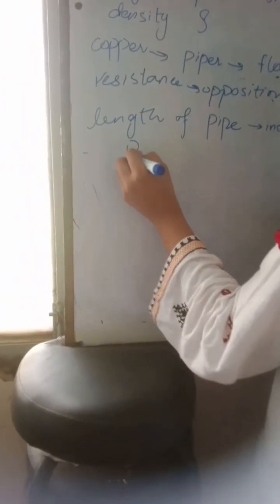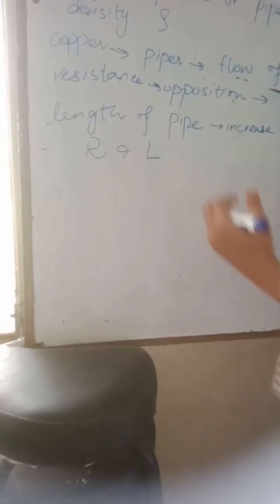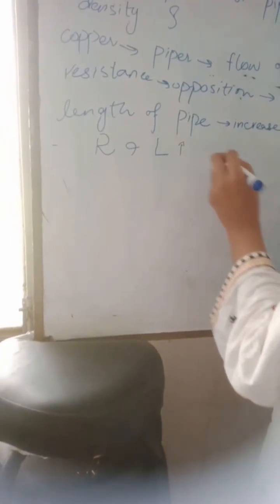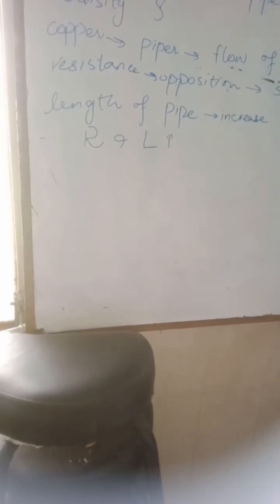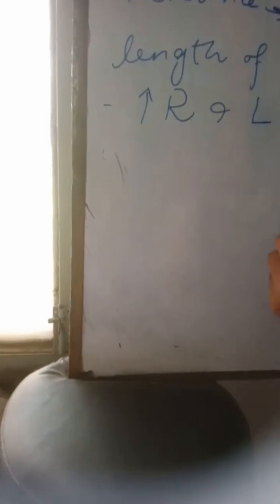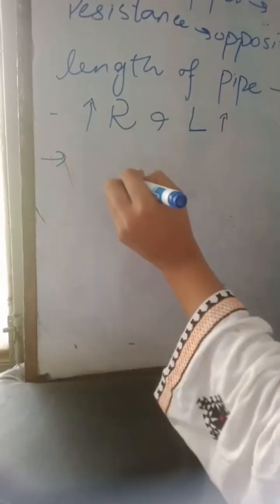resistance is always directly proportional to length. If length increases, obviously there are a lot of hurdles, a lot of difficulties during flow of water and current. Resistance also increases because the length of pipe or wire increases. Then we will talk about area.